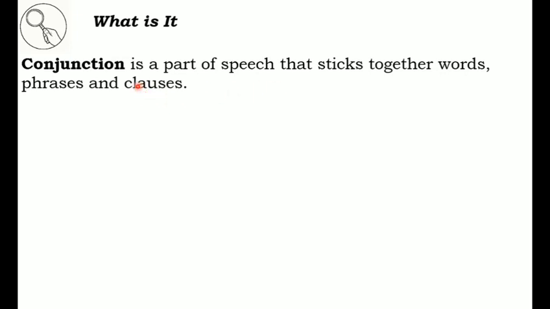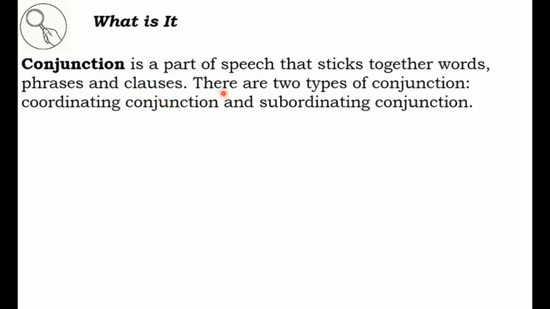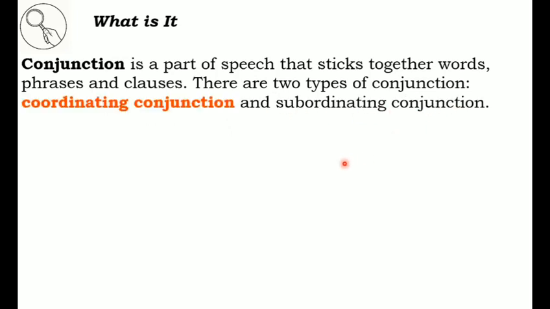Without conjunction, you cannot join together words, phrases, and clauses. Okay, there are two types of conjunction: coordinating conjunction and subordinating conjunction. Number 1 to number 3 examples are coordinating conjunctions, while number 4 to number 6 are subordinating conjunctions. All right.